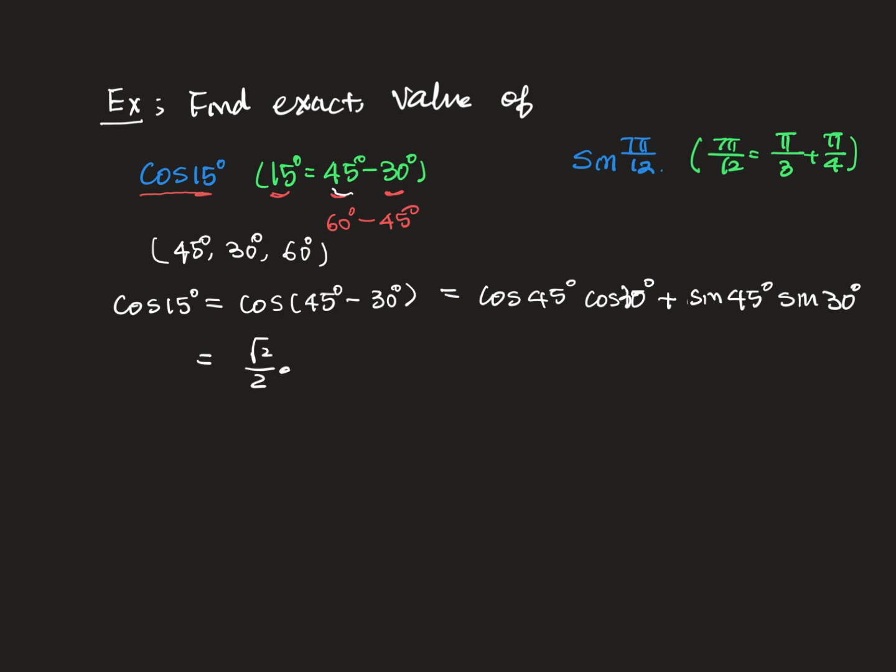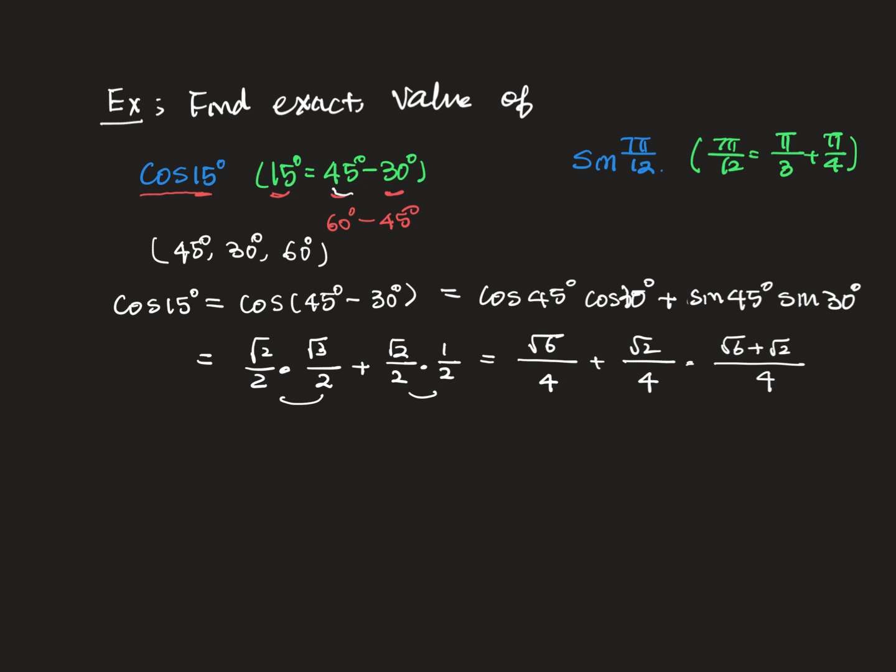Cosine 30 is square root 3 over 2. Sine 45 is square root 2 over 2. Sine 30 is 1 over 2. First one: 2 times 2 is 4, square root 2 times square root 3 is square root 6. Then 2 times 2 is 4, square root 2 times 1 is square root 2. That's going to be square root 6 plus square root 2 over 4. That's what you find.